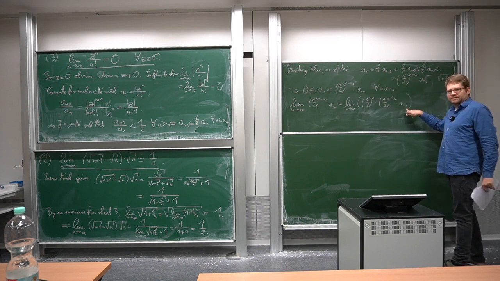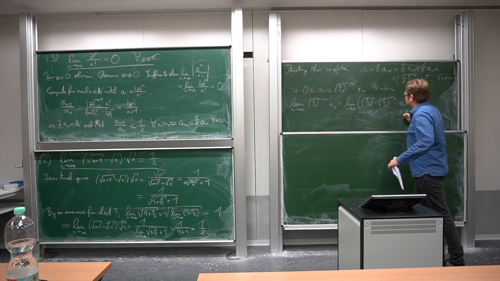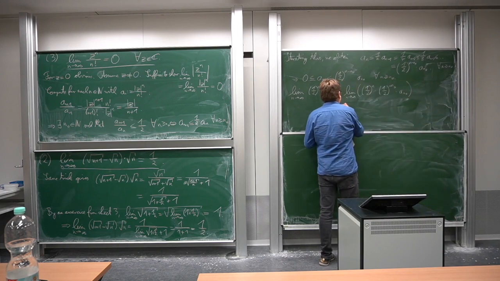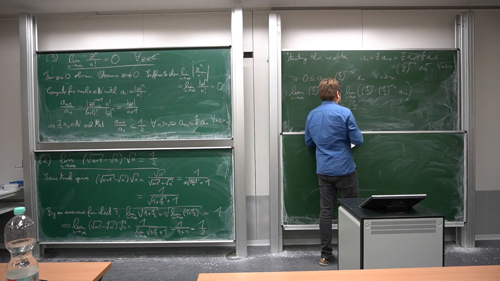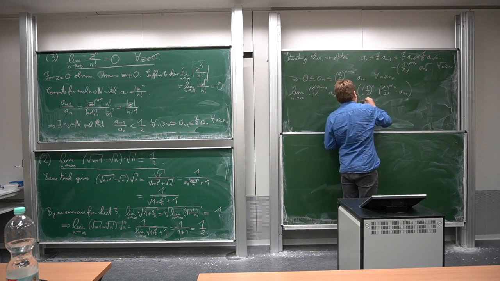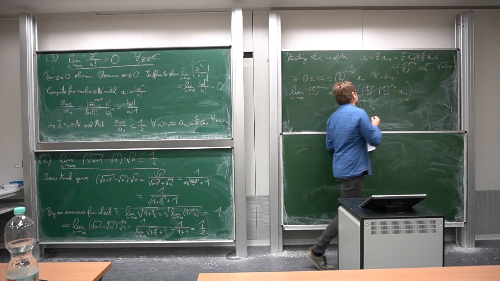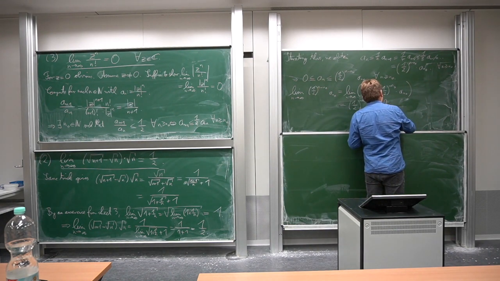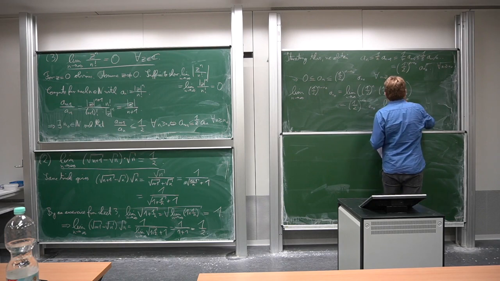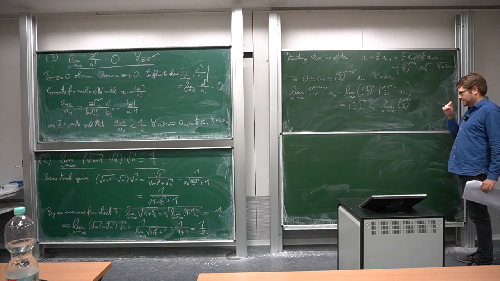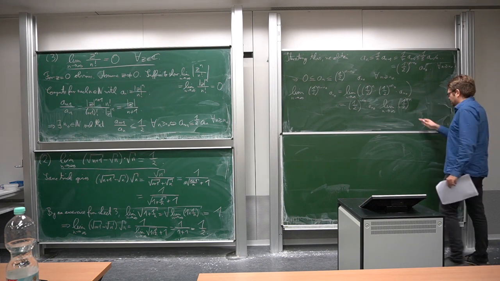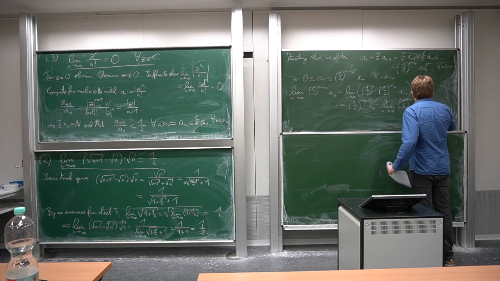This is a constant, there's no n in here, so by the computational rules for limits we can pull it out. It is just some real number we don't care about, times the limit of 1/2 to the power of n, and we've seen that this goes to 0 when the absolute value of the base is smaller than 1, which is clearly the case. This is 0.